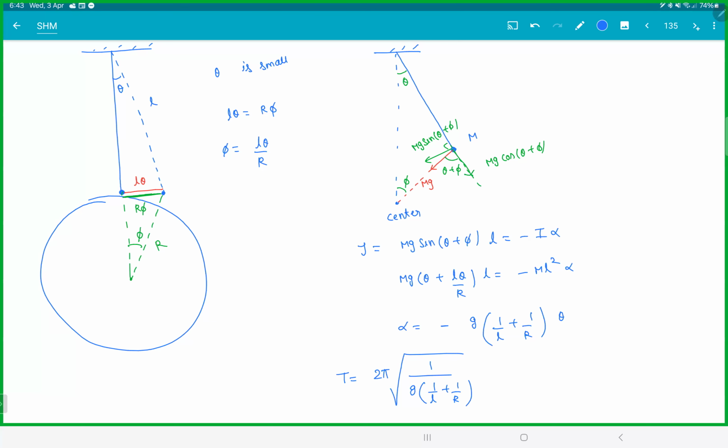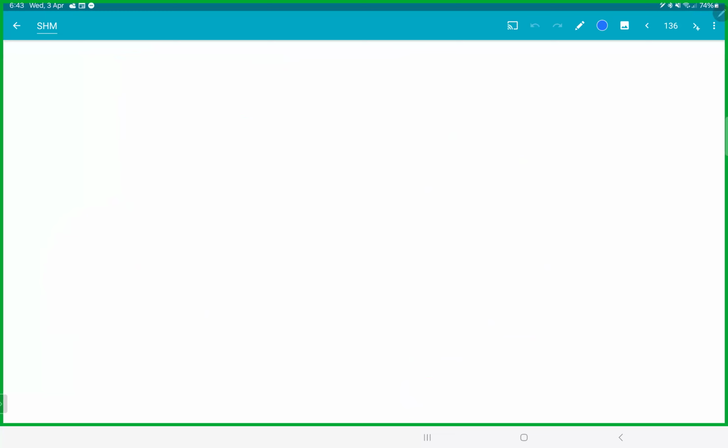Clear? Now see that formula, right? So this is the general formula for simple pendulums actually. 2 pi root over 1 by g (1 by L plus 1 by R). If that length is much less than R, it's your regular small pendulum.